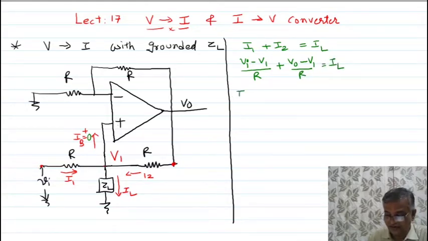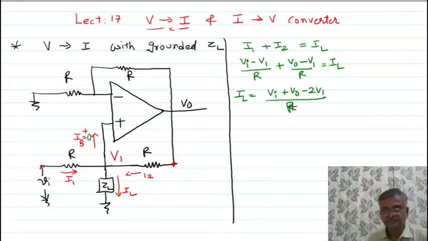So I can write IL is equal to VI plus VO minus 2V1 upon R. This voltage minus this voltage upon resistance R is equal to I1.